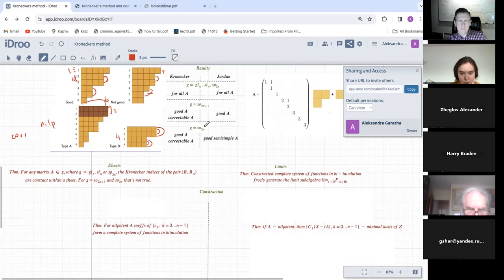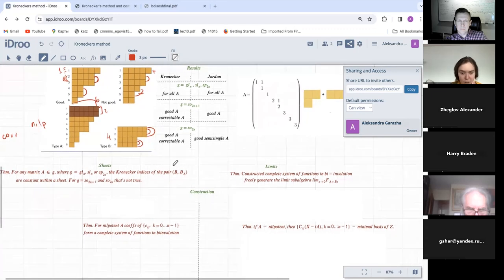But for the other two types, B and D, we constructed counterexamples. So it's just an explanation of how we can see that these cases are a bit harder than this one.